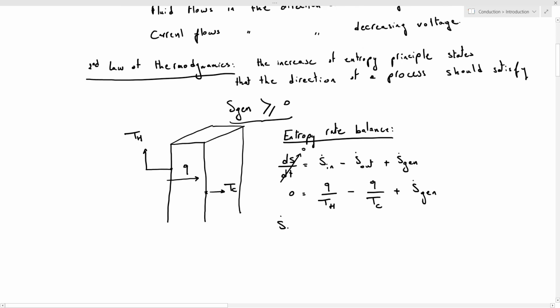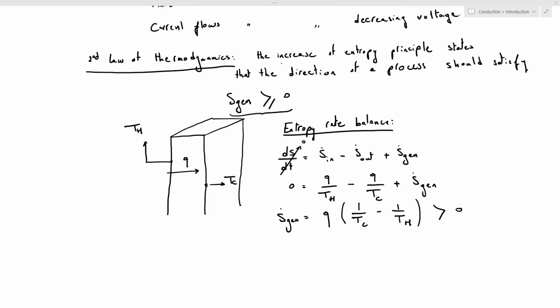So we can say that the rate of entropy generation, taking Q as common factor, is equal to Q times (1 over T cold minus 1 over T hot). T hot is greater than T cold, so 1 over T cold minus 1 over T hot is positive, meaning the rate of entropy generation is positive, which satisfies the increase of entropy principle. So the direction of heat transfer is correct, from the hot side to the cold side.